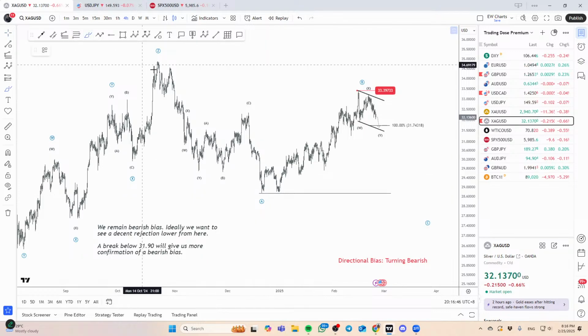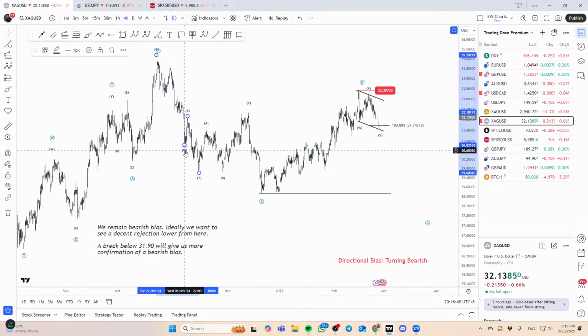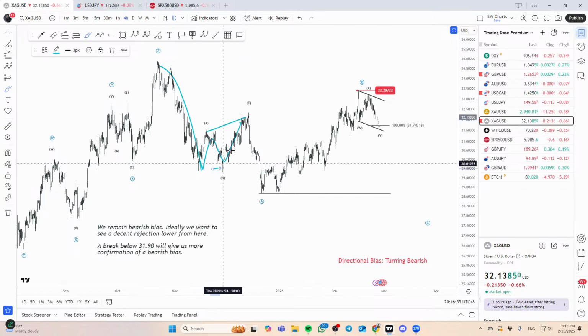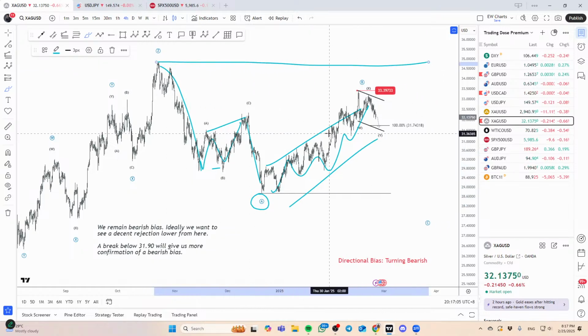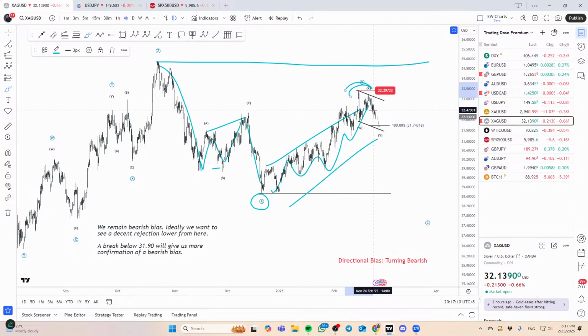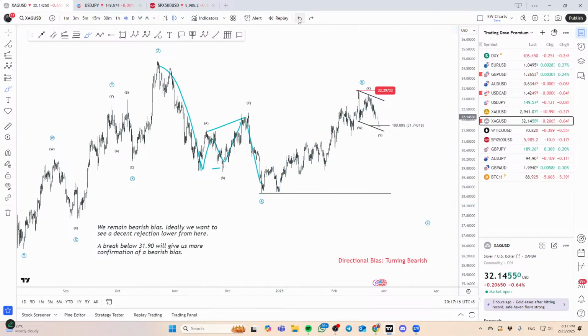If I clean up a little bit, we have this as A, we have this as an expanding B wave, and then this is a C wave which gives us a bigger A. And then we have this entire leg of development that doesn't look very impulsive in nature. We still have this swing high intact, so that can potentially be a top here in the near term, and then this can start to take out this low.